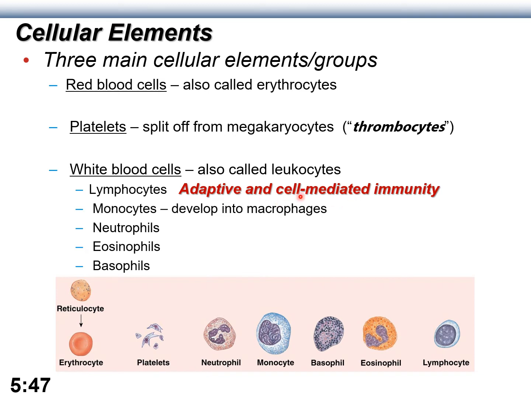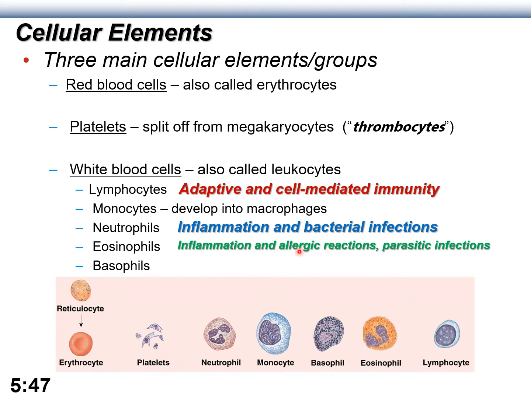It requires a cell to generate those antibodies, and it's cell-mediated. Neutrophils are the big workhorse when it comes to basic inflammatory responses, and particularly bacterial infections. So neutrophils are involved in inflammation and bacterial infections. They're the front line responders to an infection.